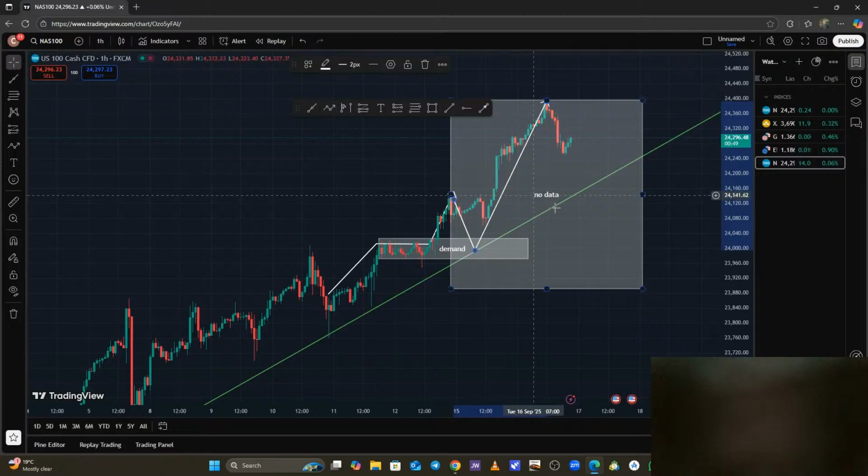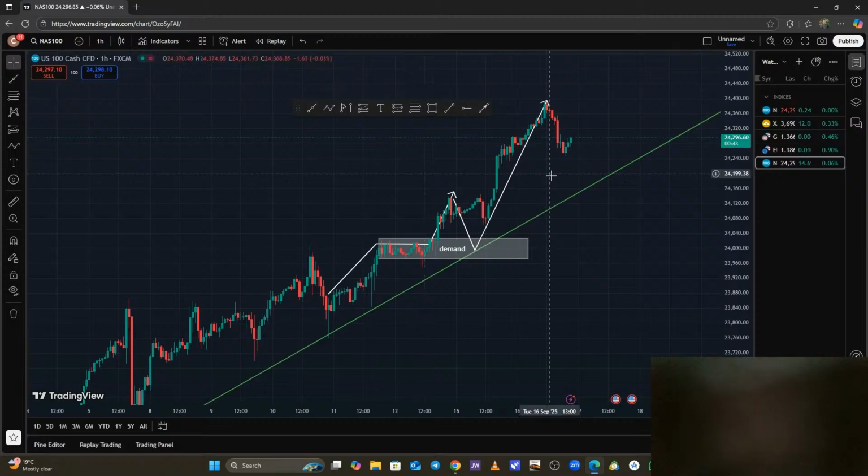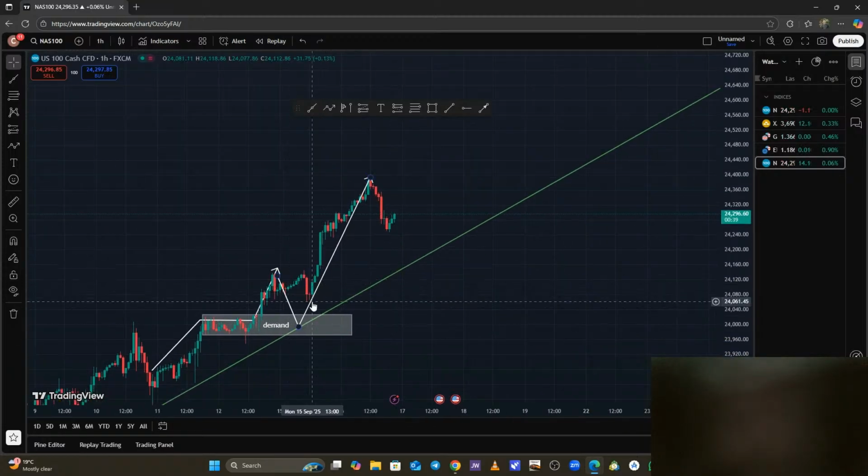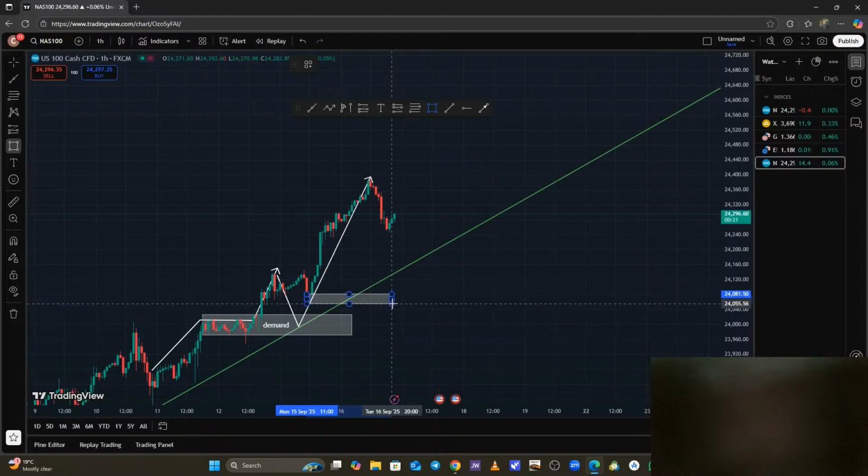Why? Let me remove this block here, delete. So here's what happened. You can see price came back down, but not to my level. Price came back to this level down here, and it went back up. So there is something I missed when I was doing the analysis.